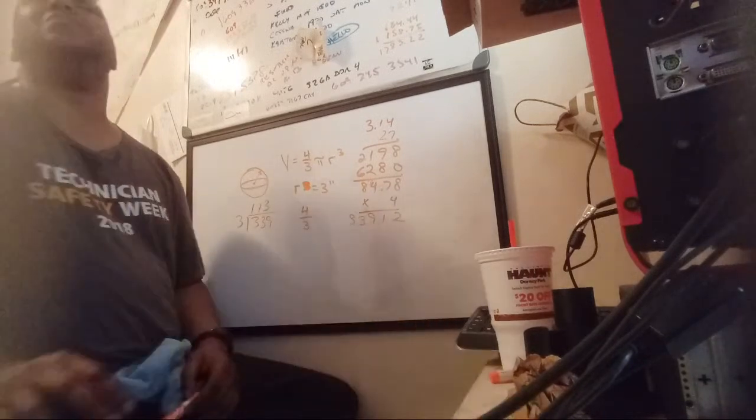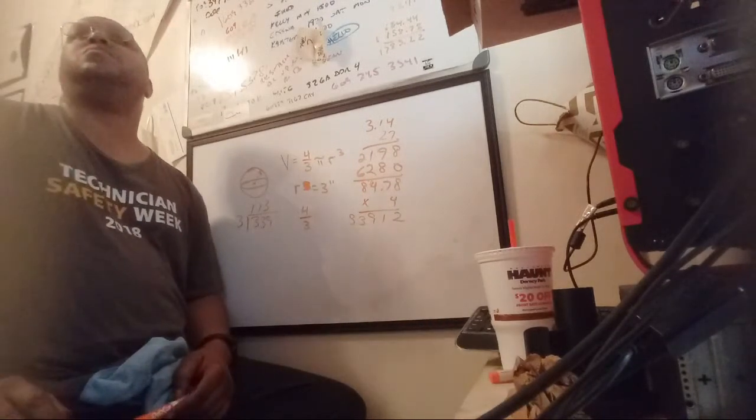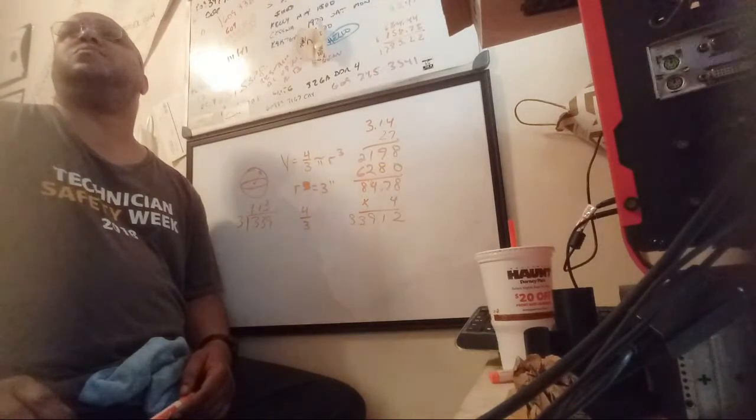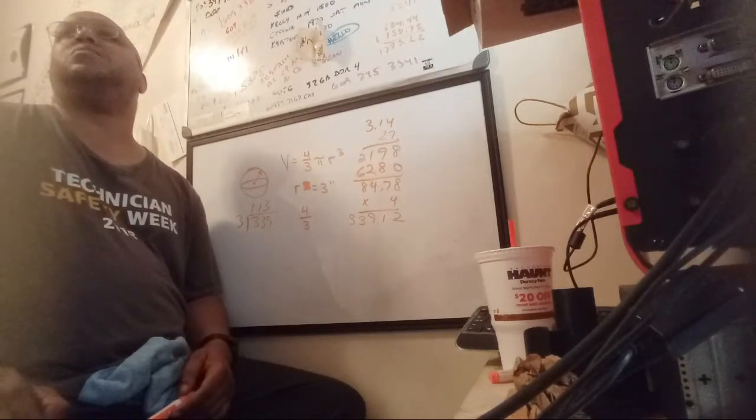So 4/3 stays the same for the time being. Pi times the radius cubed. Figure that out. Multiply pi times the radius by 4, and then divide the product by 3.